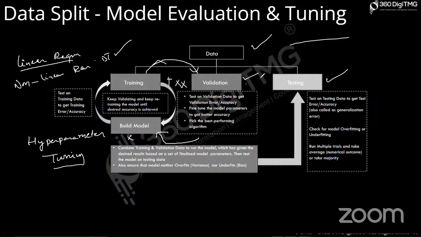Once this is done, we'll do the testing on the test data, which is previously unseen by the model. If here also it gives us a good result, we will call this a generalized model now.